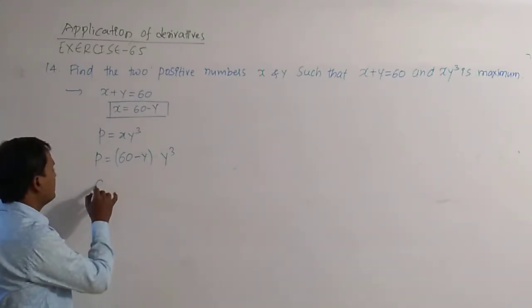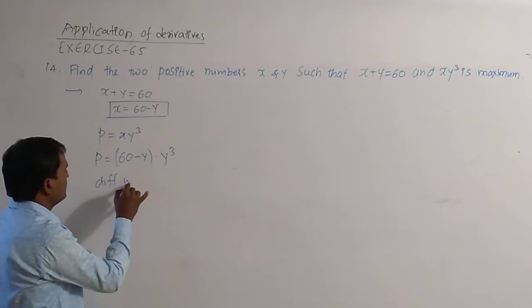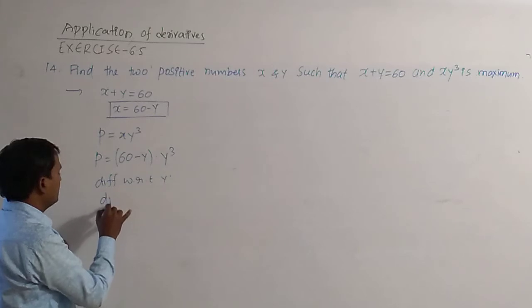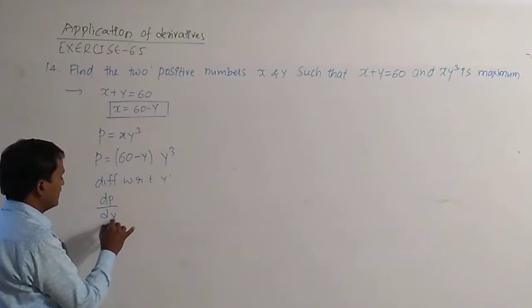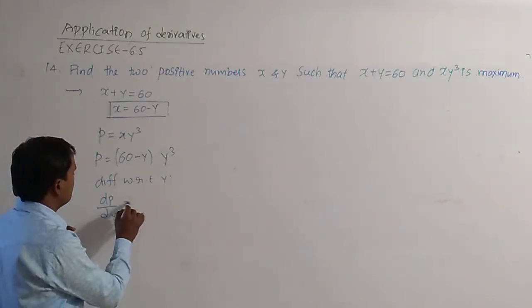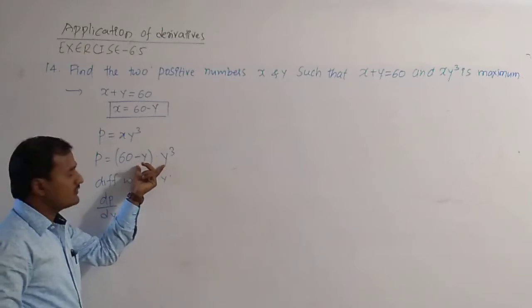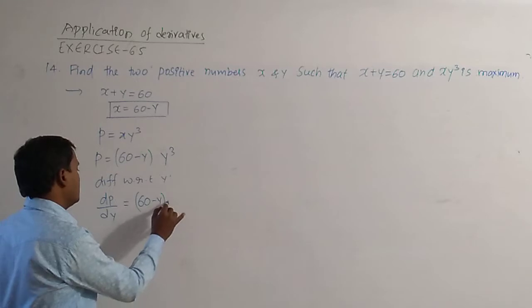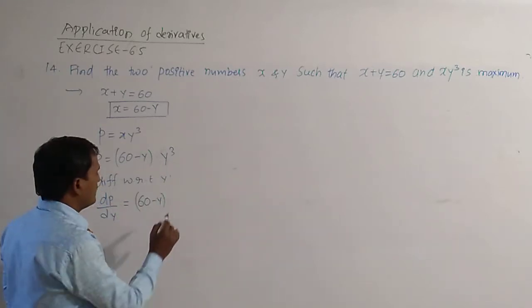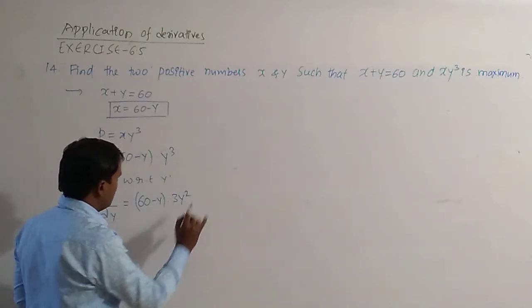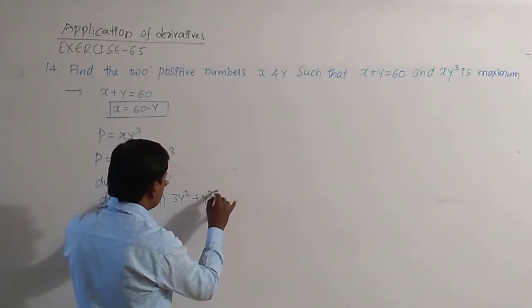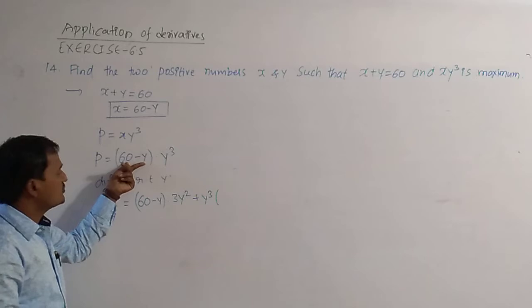Now I will differentiate this function with respect to y. So what are you getting? dp upon dy is equal to, here you should apply the product formula. First function as it is, 16 minus y, into the differentiation of y cube, which is 3y square, plus y cube as it is into the differentiation of this term.